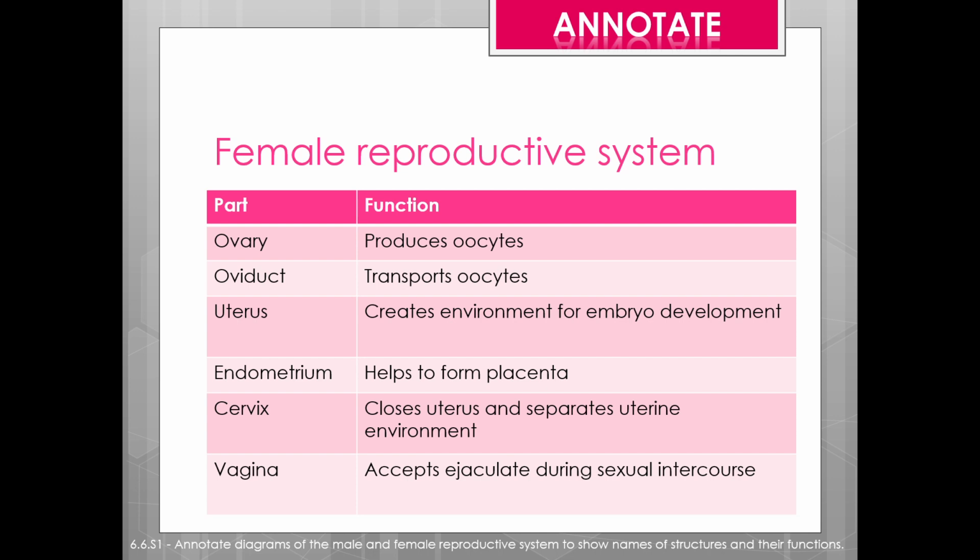So not in the uterus, as many of you think, but in the oviduct, which is actually earlier. Very soon after the oocyte is produced, it must be fertilized or it dies. So it is not very likely that after being produced, the oocyte will meet a sperm cell and successfully produce a zygote.